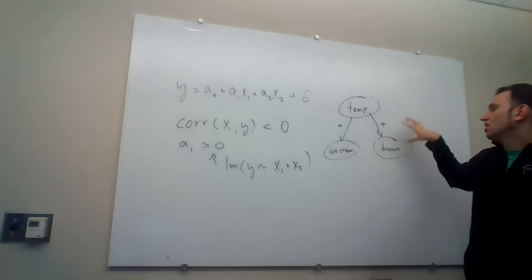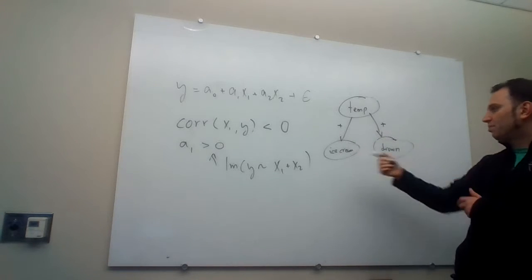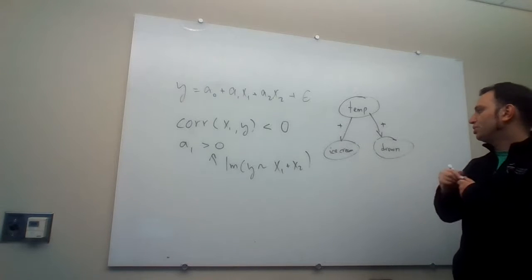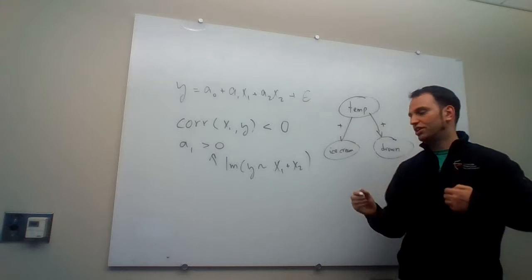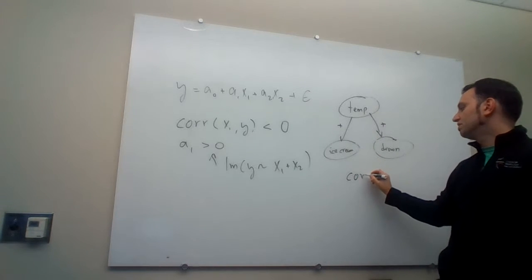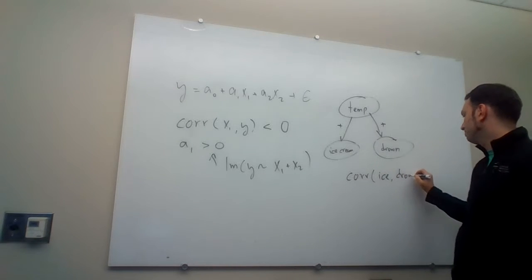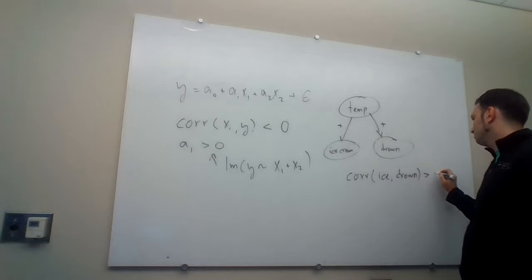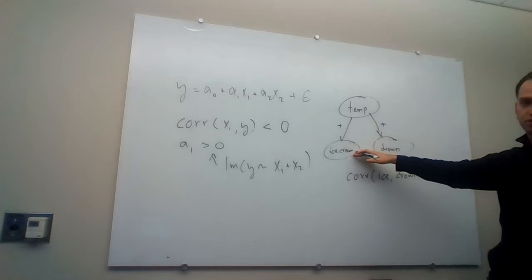Okay, so because of this causal structure, you have a positive correlation in this case between ice cream and drowning, even though there is not a causal relationship, right? So in this diagram, what you would have is a positive correlation between ice cream and drowning, just if you have this kind of causal structure.